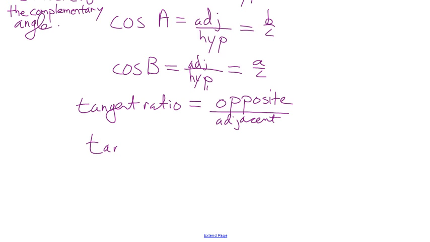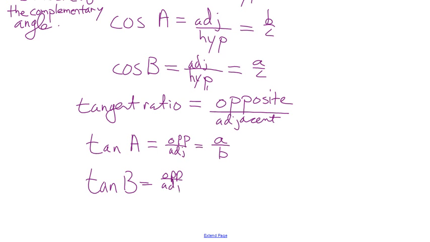Okay, what's the tan of angle A? OPP over ADJ, which is A over B. What's the tan of angle B? Again, OPP over ADJ, which is B over A. So that's sine, cos, and tan. Those are the three primary trig ratios.